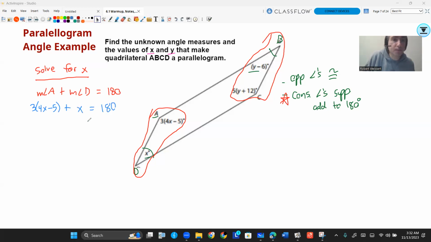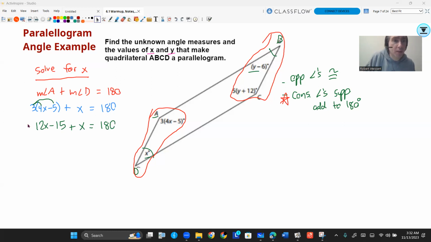From there, I can distribute and combine like terms. So I'm going to distribute that 3 into the 4x minus 5. That gives me 3 times 4x, which is 12x, and 3 times negative 5 is minus 15, plus x equals 180.